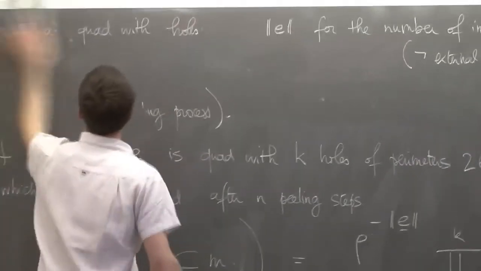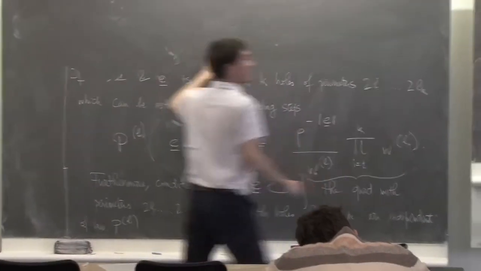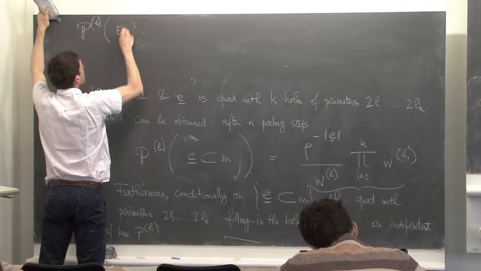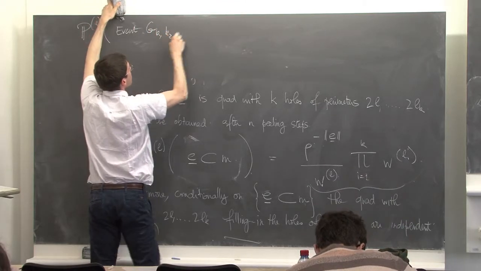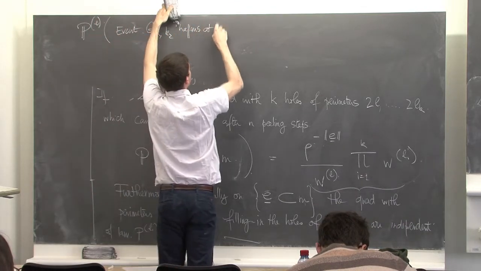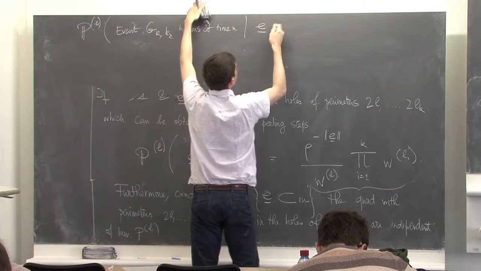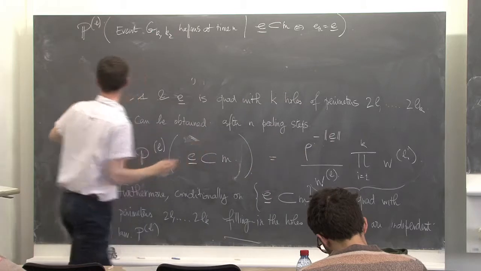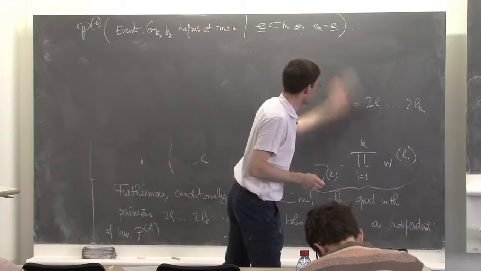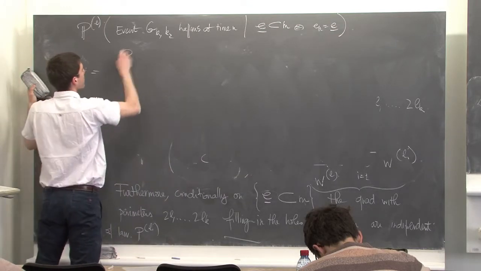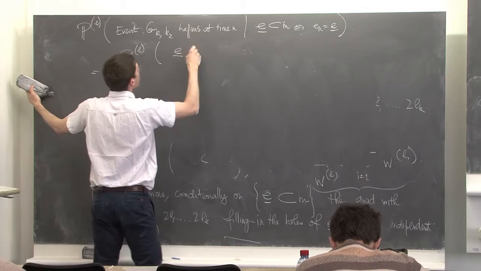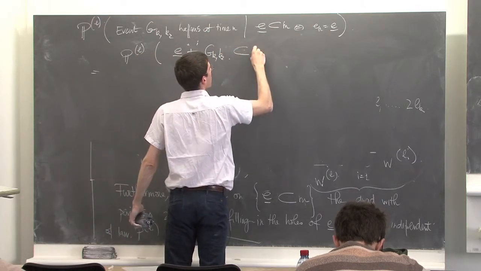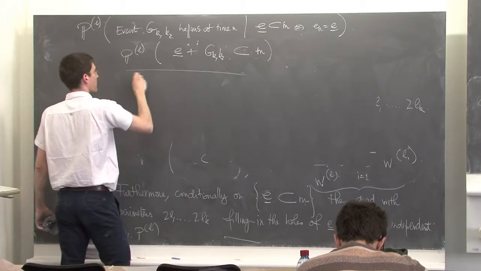And conversely, the other case, so the probability that event G K1, K2 happens at time n, knowing that E is a submap of M, or equivalently that En is equal to E. This is again given by the ratio of these two guys, the probability that E plus GK1, K2 is a submap of M divided by the same ratio.